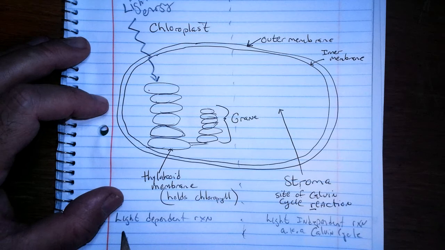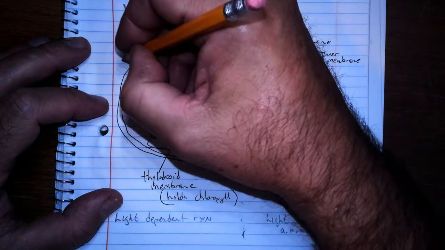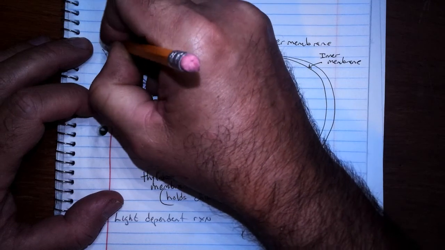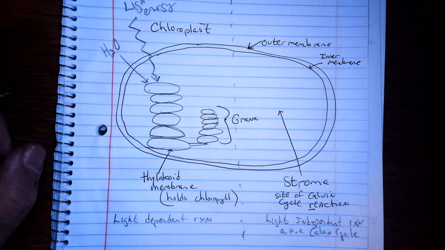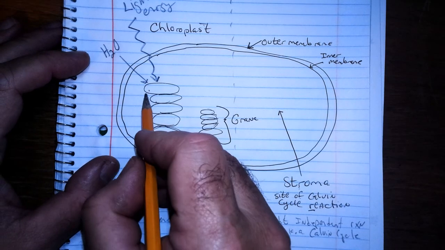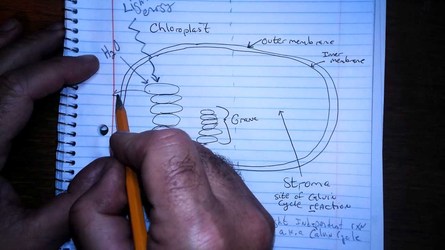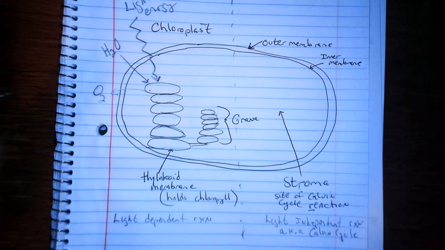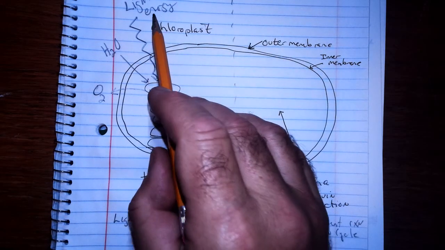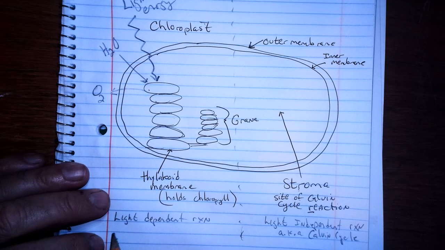That's our energy. And then the input is water. Our chemical input is water, H2O. And then in the process of photolysis, this water molecule is going to get split and it's going to kick out an O2. Okay. So we have our energy source, light energy.